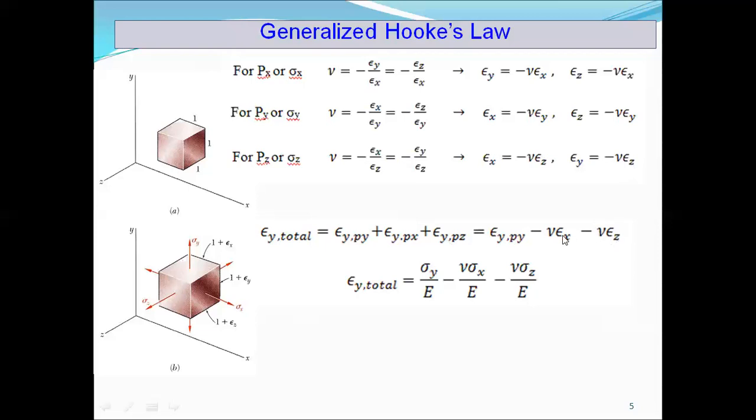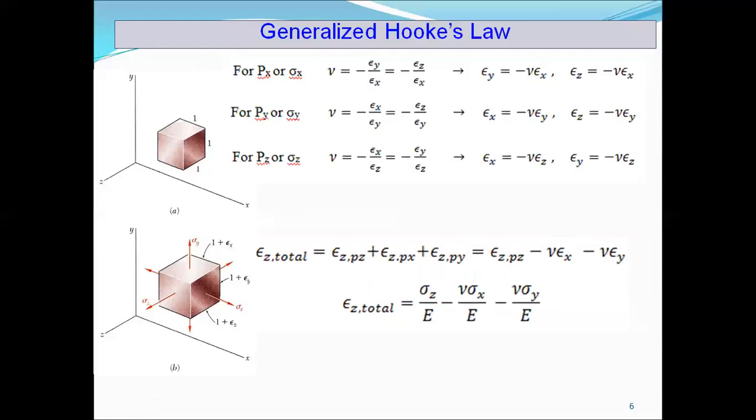Next, we have to write down the strains in terms of stress. So epsilon y total is equal to sigma y by E minus mu sigma x by E minus mu sigma z by E. So we got our second equation for the total strain along y direction.